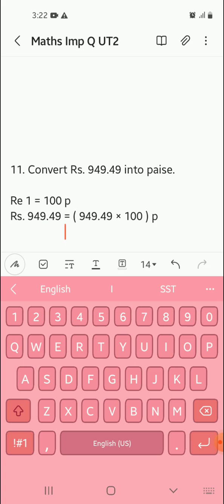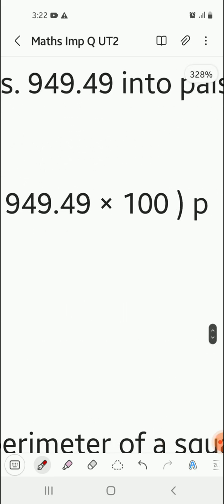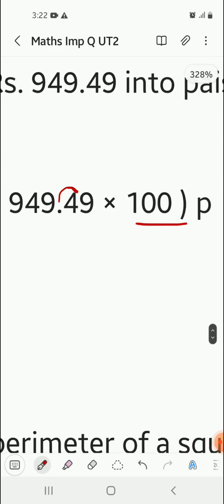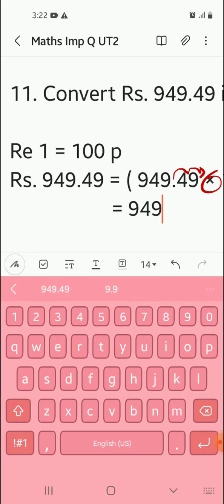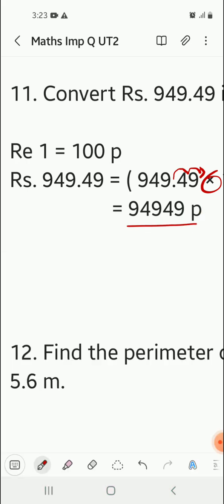You can see right now there are 2 zeros, so the decimal point will be shifting twice to the right because we are multiplying. So my answer becomes 94949 paise. Writing the unit is very important. So this becomes 94,949 paise.